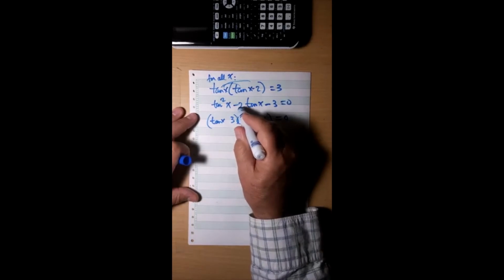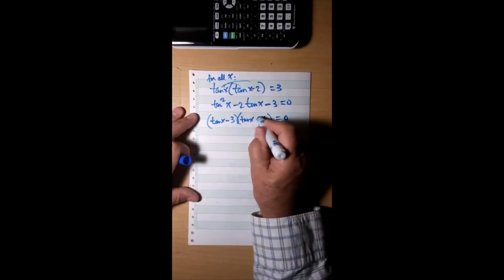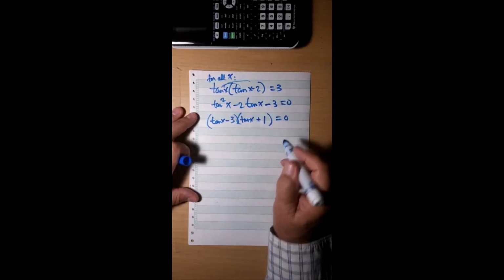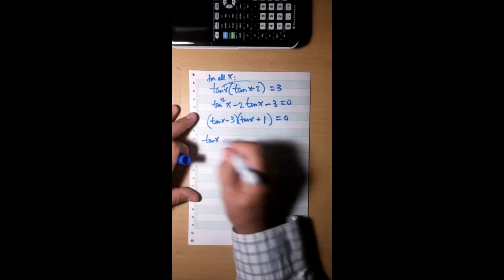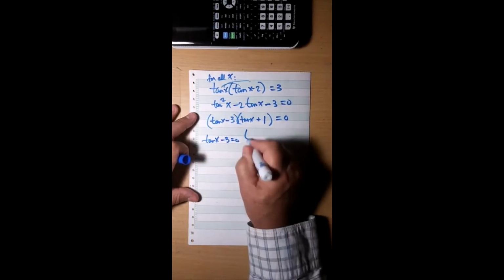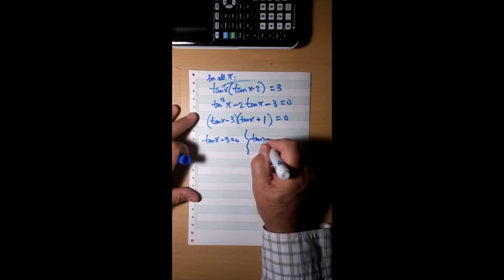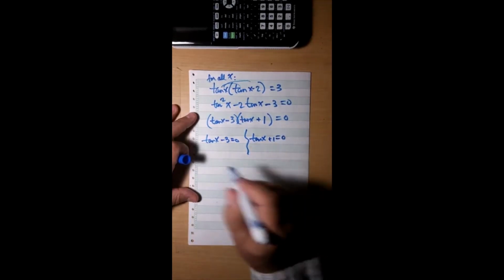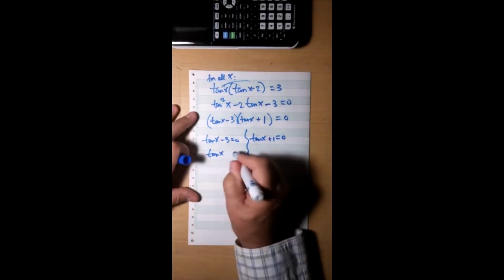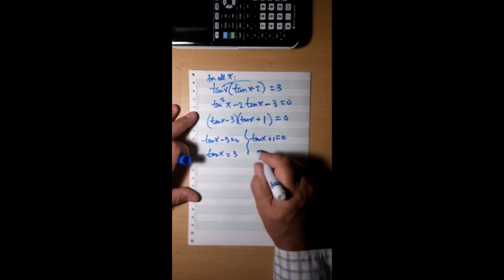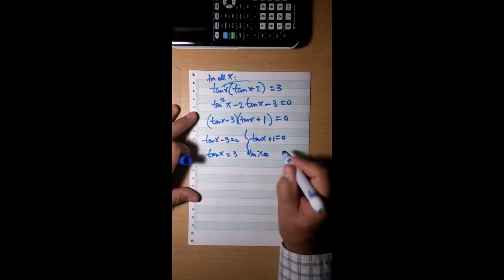We need a negative 2, so it's negative 3, positive 1 to give us the negative 2. So the tangent of x minus 3 is 0, or the tangent of x plus 1 is 0. This means the tangent of x equals 3, and the tangent of x equals negative 1.